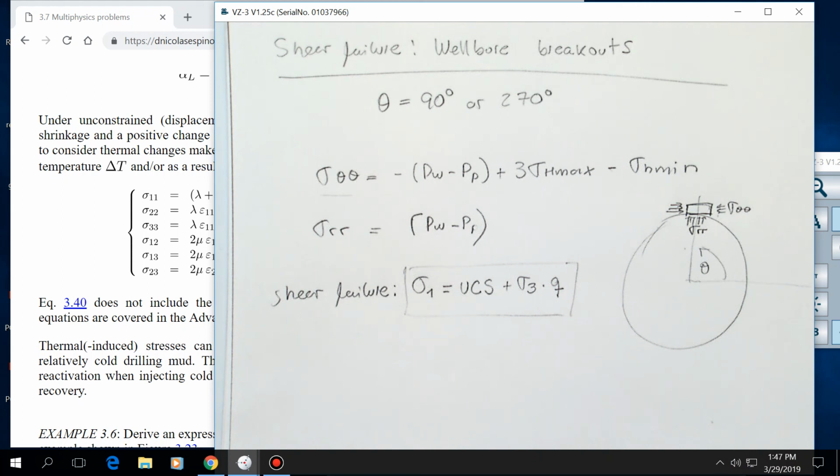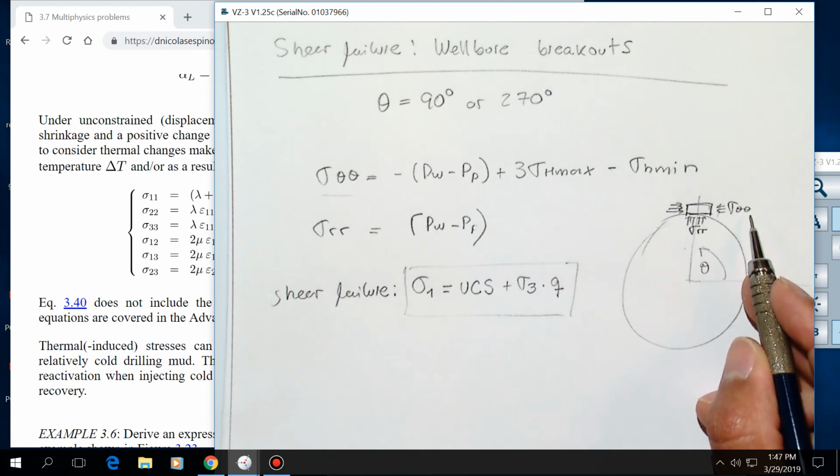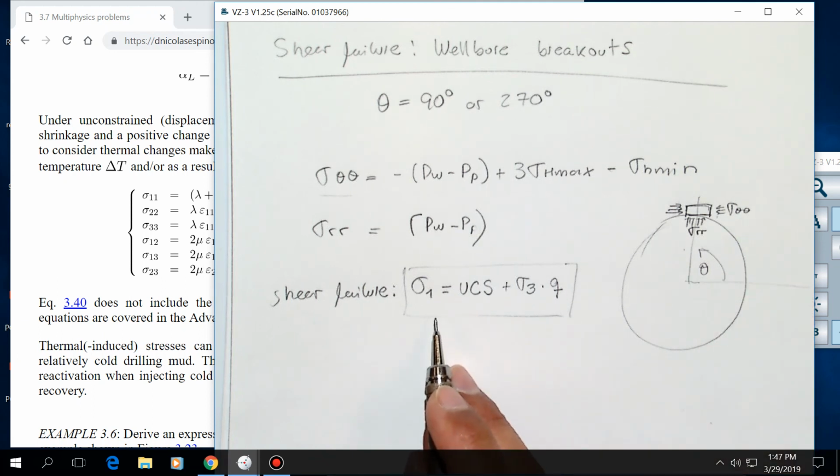Sigma R will be sigma 3, because that's the effective stress support on the wall of the wellbore. And sigma theta theta is going to be sigma 1.